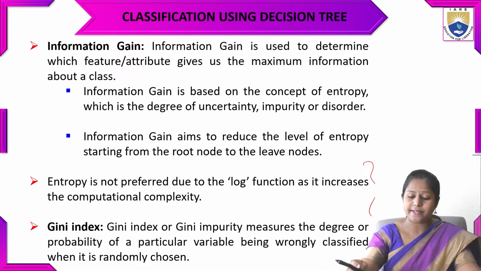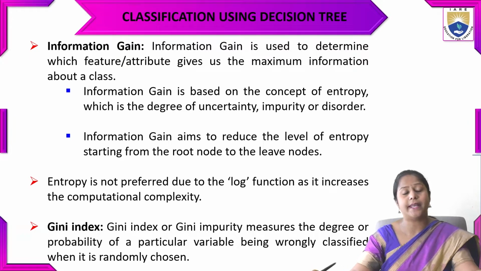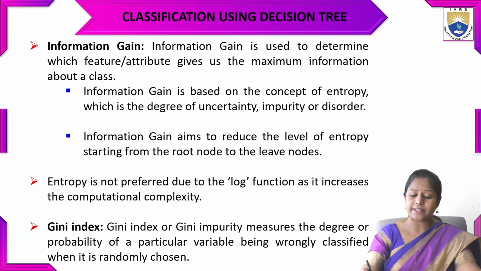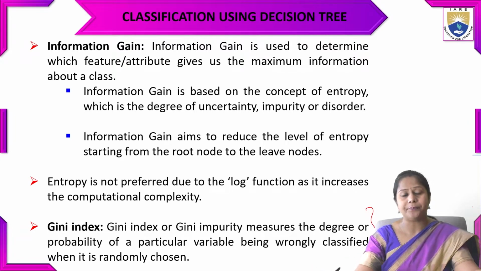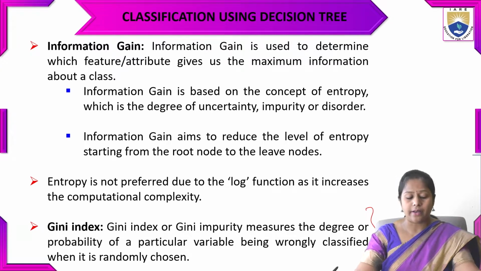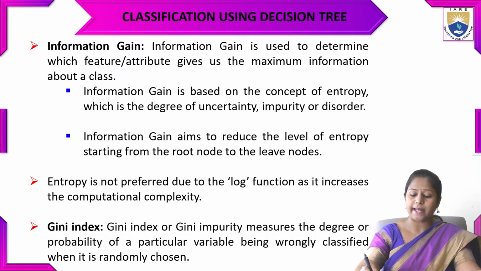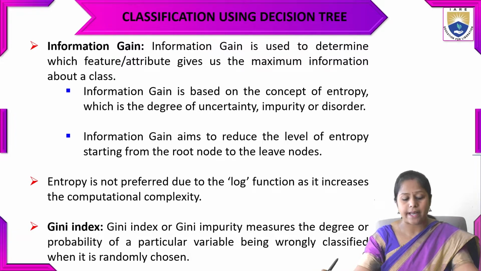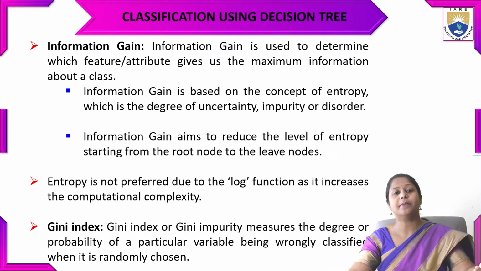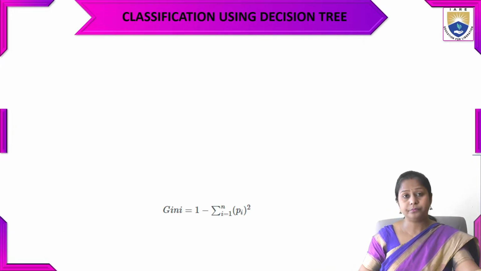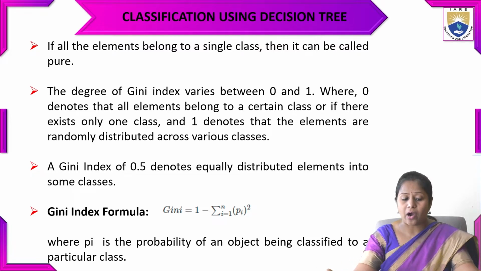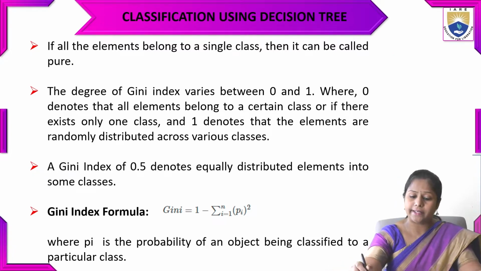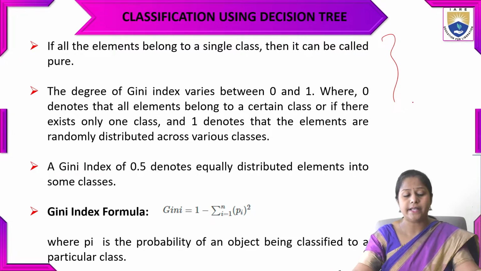Now the second attribute selection measure is Gini Index. Gini Index, or Gini impurity, measures the probability of a particular variable being wrongly classified when it is randomly chosen. If all elements belong to a single class, it is called a pure Gini Index.